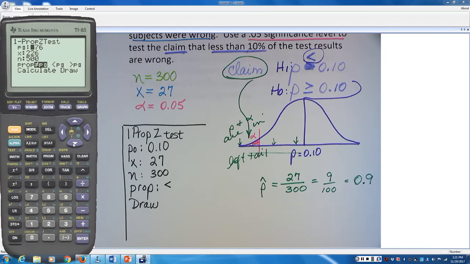Don't guess. Because if you'd guessed, you'd have been wrong.